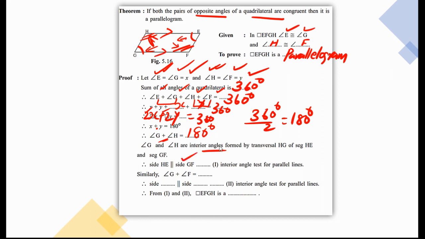HE and GF are parallel because interior angle test के हिसाब से 180 मिल गई तो parallel है. The same way G and F is also equal to 180 degree. So when G and F is equal to 180 degree, we will say that GH and FE are parallel. So opposite sides parallel हो गया, तो we will declare that EFGH is a parallelogram.